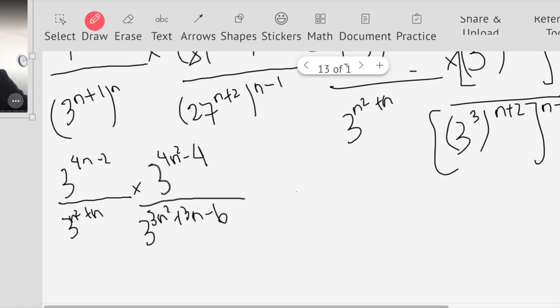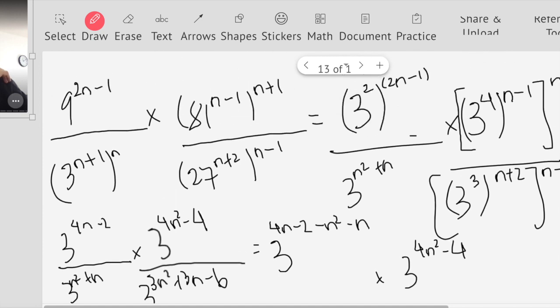All right, let me subtract them. 4n minus 2 minus n squared plus n times 3, divided by 4n squared minus 4. Did I do anything wrong?